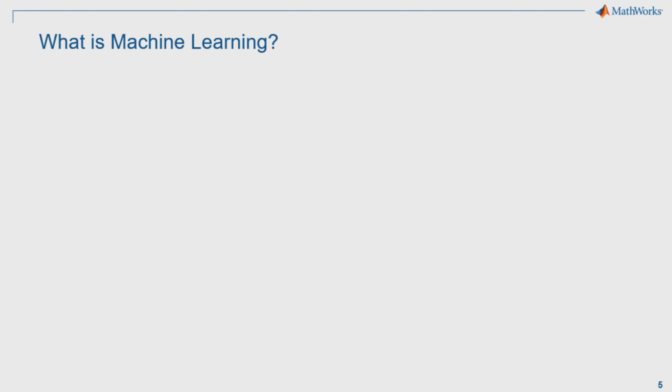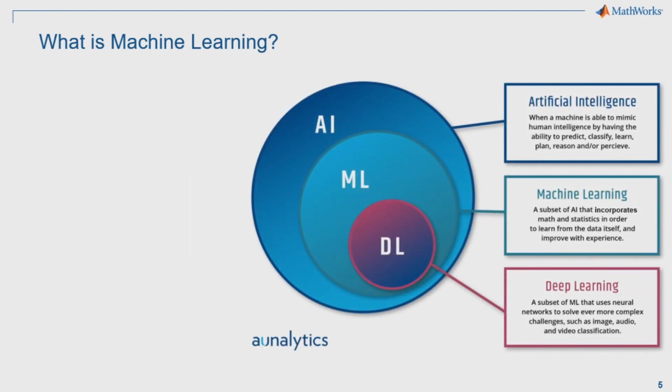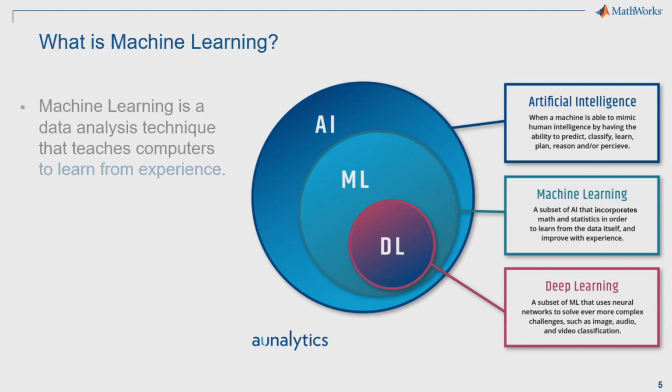So let's start with what is machine learning. I just took this picture from the net to show you that machine learning is a research field which is a kind of subset of AI, artificial intelligence. While artificial intelligence has just the aim to mimic human intelligence, machine learning is a way to do research in the field of artificial intelligence by building algorithms that learn something from the data.